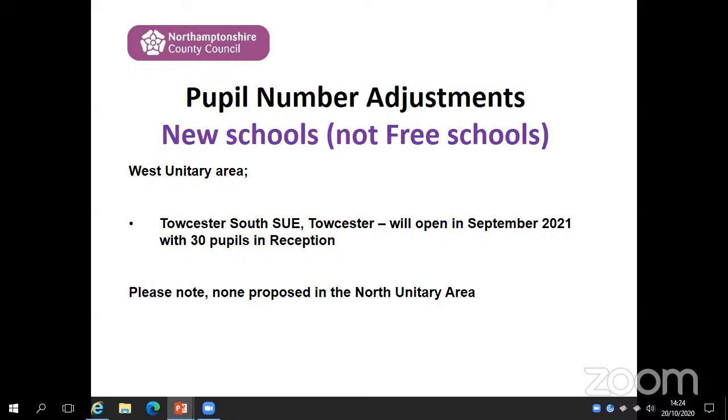It is anticipated that this school will open in September 21, and although it will be a 2-form of entry primary school, eventually it's only intended that we open the school with 30 pupils in its reception cohort to avoid any detrimental impact that might have on existing schools in the area. That's the only new school that will open in the forthcoming academic year. Obviously that's in the West Unitary Authority, and there'll be none in the North.